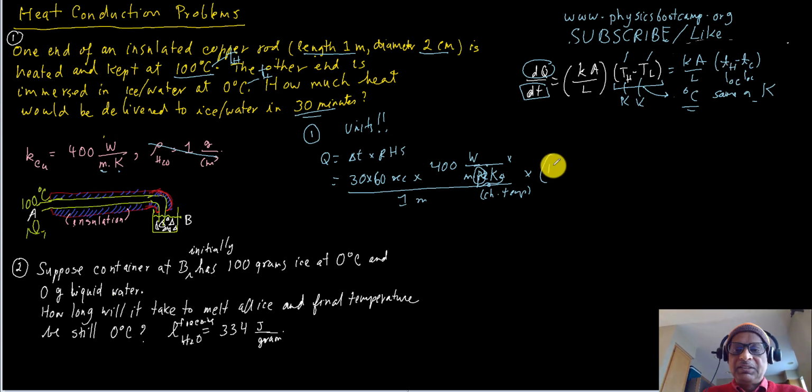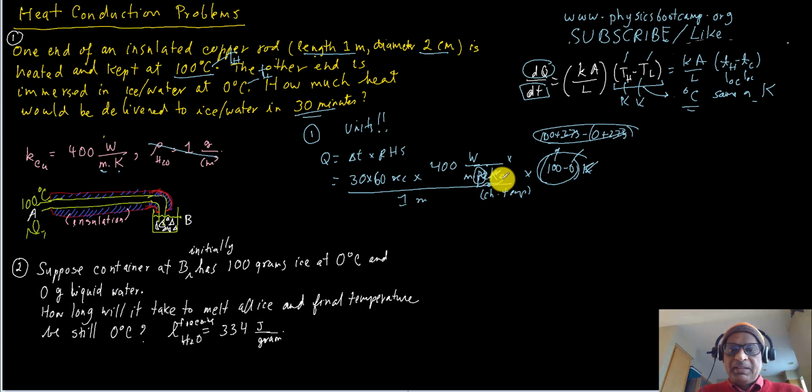So this is just 100 and this is 0. Don't need to do 100 plus 273 minus 0 plus 273, because the difference is the same. And so this is the same as K, and this K will cancel out.